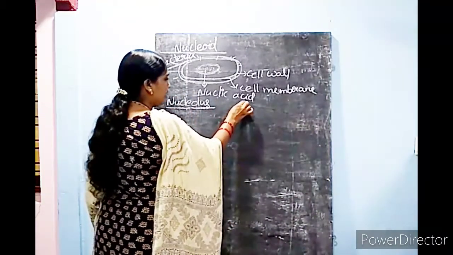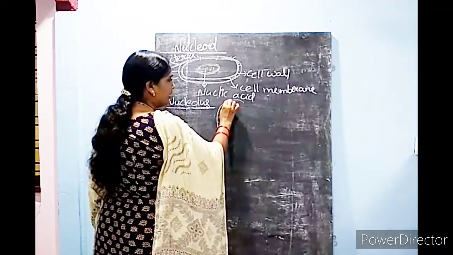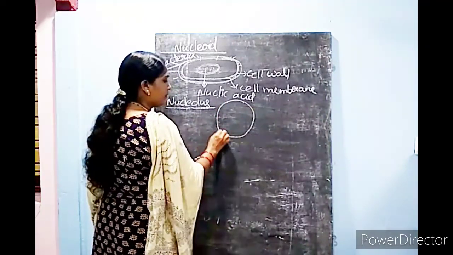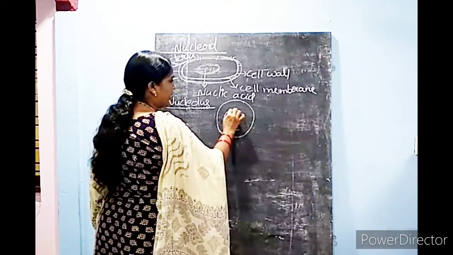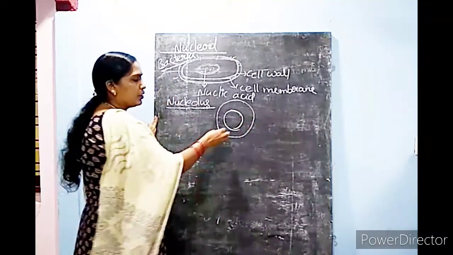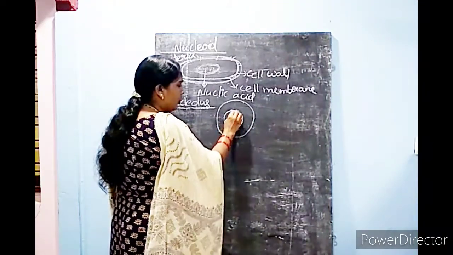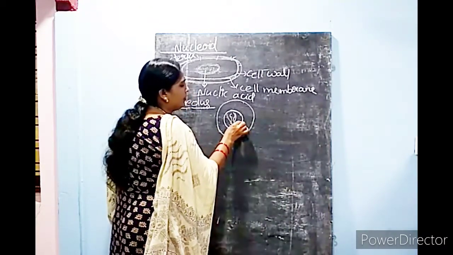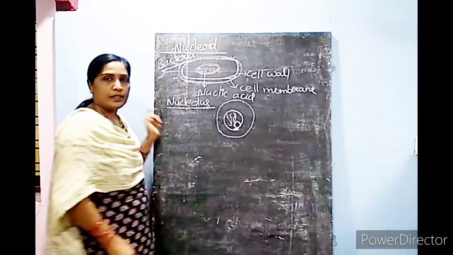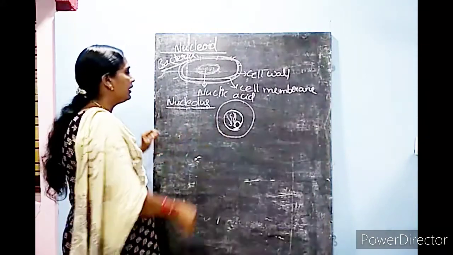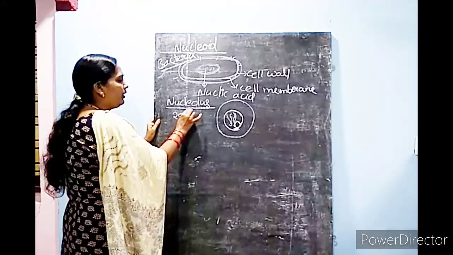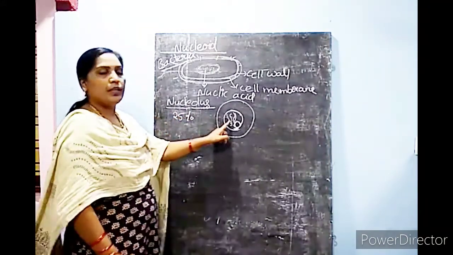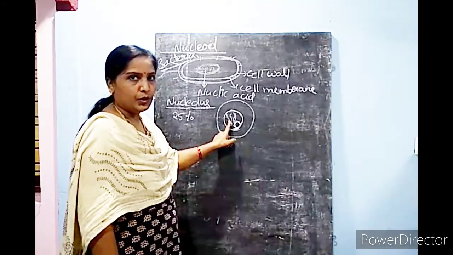Inside the nucleus, the nucleoplasm is present and chromatin is present. Along with this chromatin, a round-shaped structure is present that takes up to 25% of the volume inside the nucleoplasm.